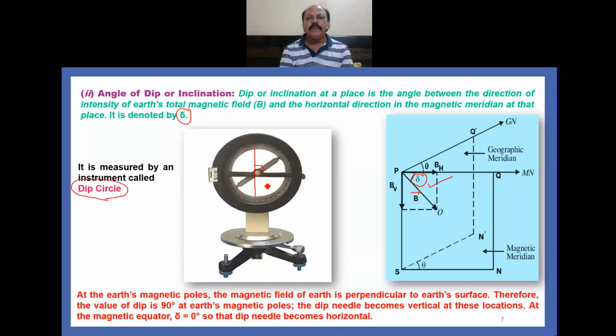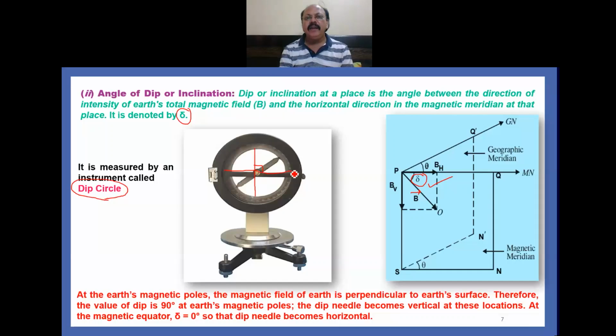So at poles, as we have already calculated, it is 90 degree. Now at the equator, the angle of dip is 0. In this condition, the needle of the dip circle becomes horizontal.